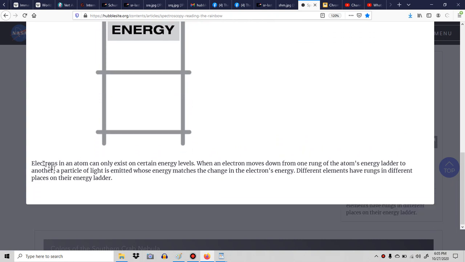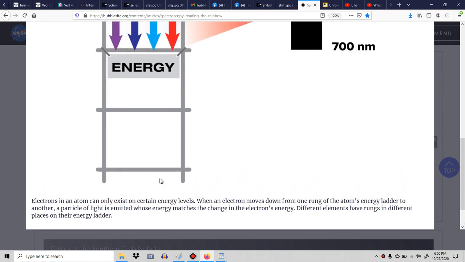Electrons in an atom can only exist on certain energy levels. When an electron moves down from one rung of the atom's energy ladder to another, a particle of light is emitted whose energy matches the change in the electron's energy. Different elements have rungs in different places on the energy ladder.